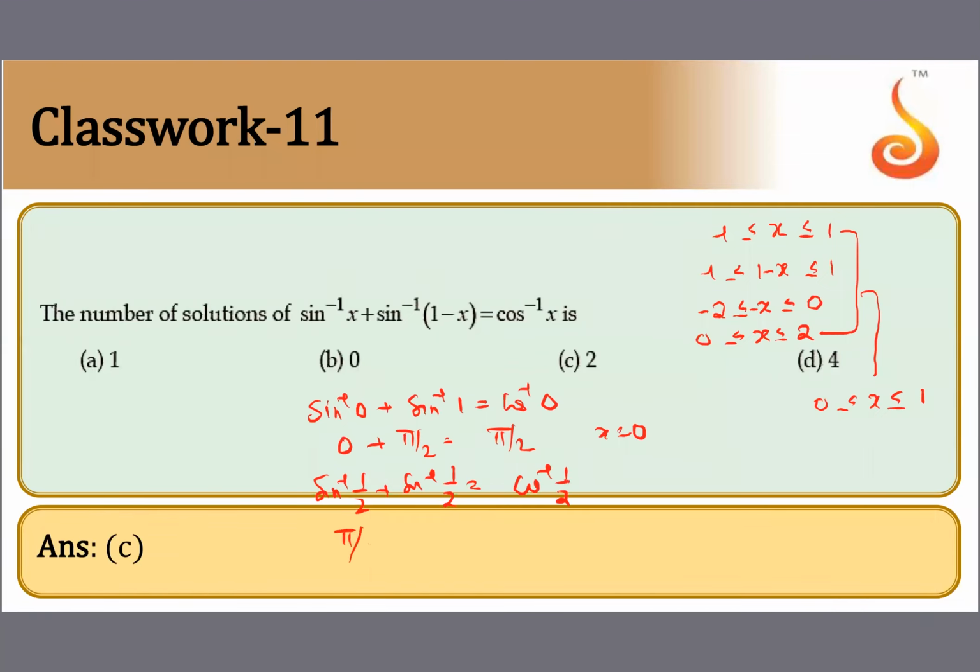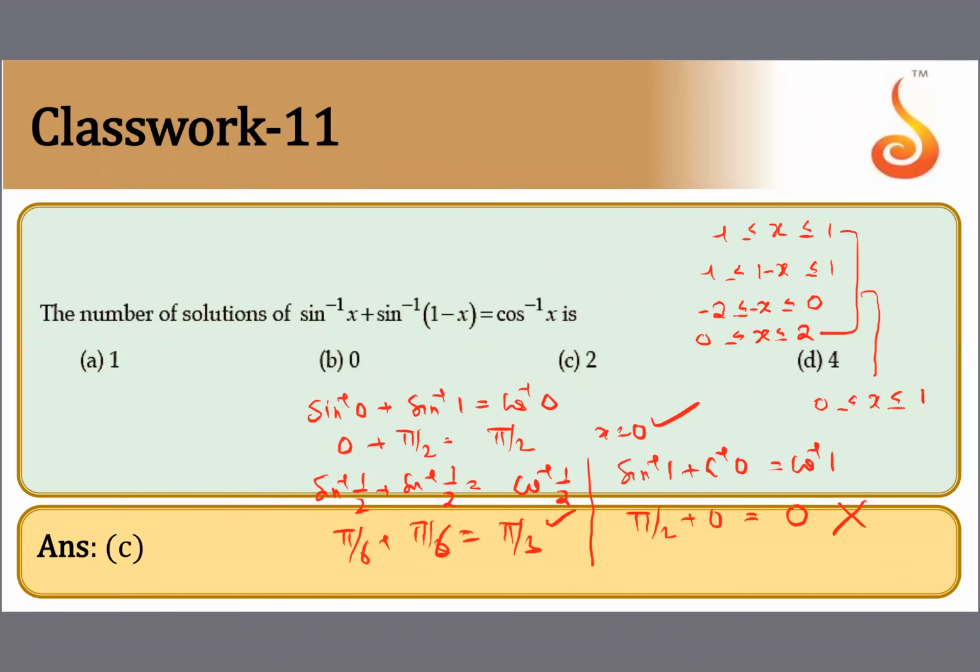This will give you pi by 6 plus pi by 6, which will give you pi by 3, because it is symmetric. Similarly, if you put 1, sin inverse 1 plus sin inverse 0 is equal to cos inverse 1. This will give you pi by 2 plus 0 is equal to 0. Not possible. So only two values are possible, x equal to 0 and x equal to 1 by 2.